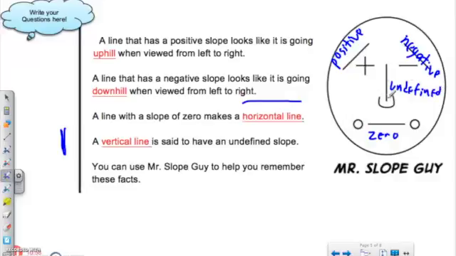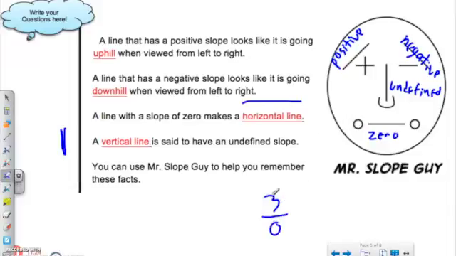Alright? Just a little side note here, the reason that this is called undefined, remember this is our difference in rise over difference in run. Notice with your rise, you're going to be going up a certain number of points. Let's just say, for example, that you're going up 3. Now, if you look at this line, we don't go left and right at all. So we have a change in our run of 0.